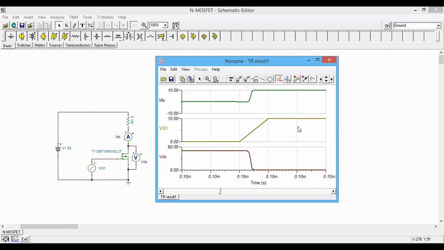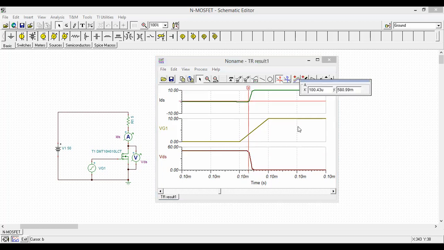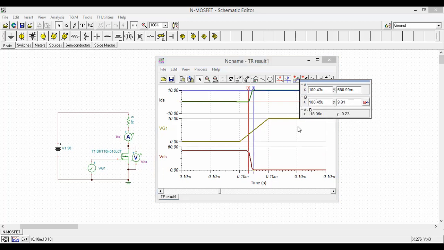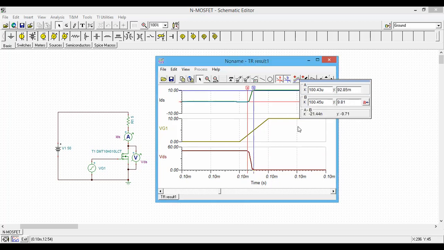Okay, now in this example, let me find out what the values are. I will just find the average current. So you can see here B is 9.56 and this current A is 9.85.